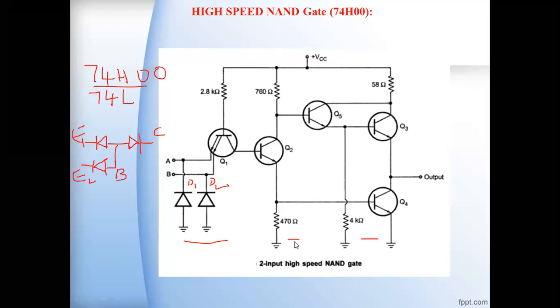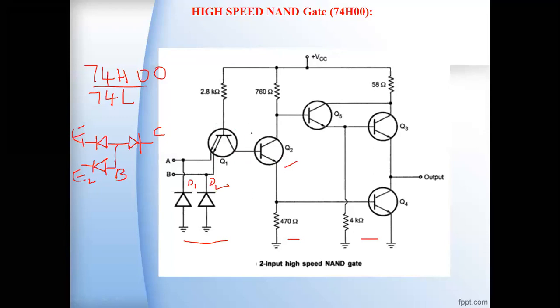And we know the second part of the circuit is the phase splitter. In this phase splitter, the transistor Q2 acts as the inverter. The Q1 transistor forms the two input diode AND gate, and the transistor Q2 acts as an inverter. So now the combination of the transistors Q1 and Q2 obtains the two input NAND gate function.